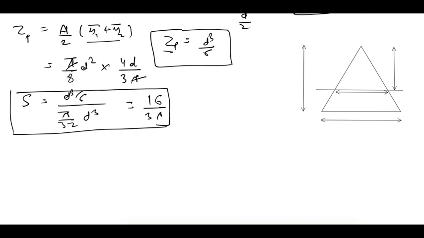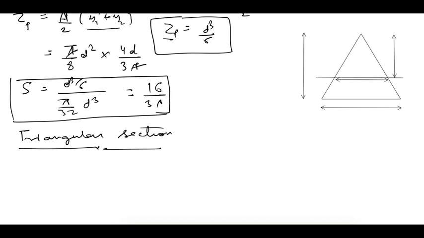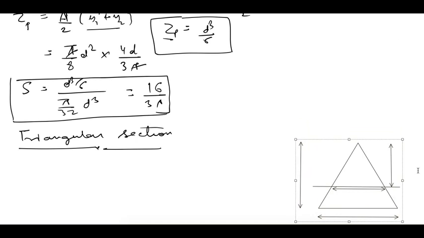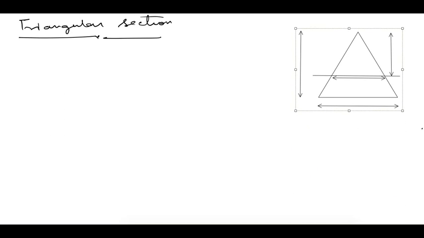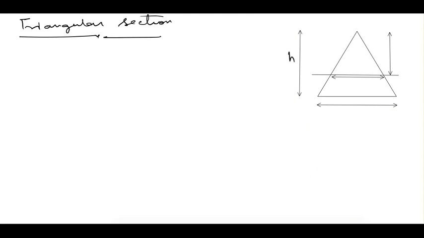Now let's see for a triangular section. Let's say this total depth is h, and this depth is h1, the bottom width is b, this width here is b1.